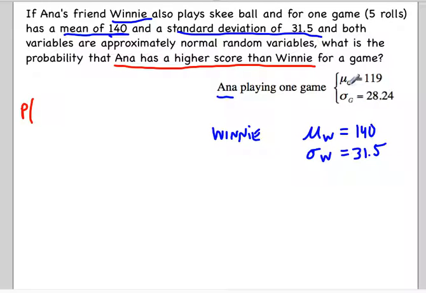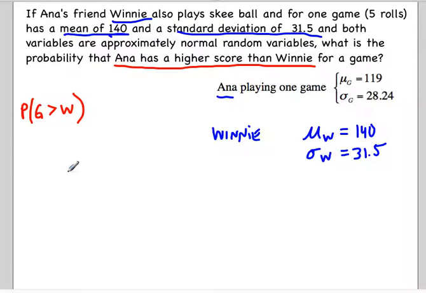I really want to change this to an A for Anna, but I'm going to leave it as a G. Okay, so we want Anna having a higher score than Winnie. So G is going to be higher than W. G would have to be greater than W. Anna's game is greater than Winnie's game.